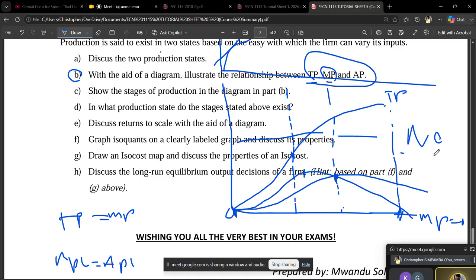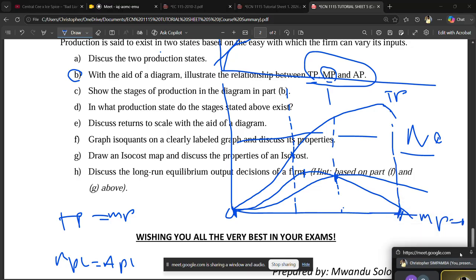Then the last one, negative returns, is going to be considered irrational, because a firm has now reached negative parts. So total product will start decreasing if it continues producing even after the marginal product reaches 0. Okay, are we okay on that?